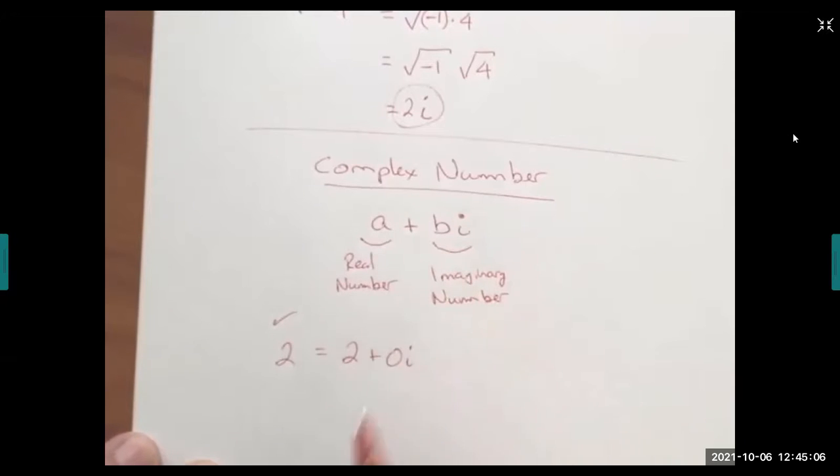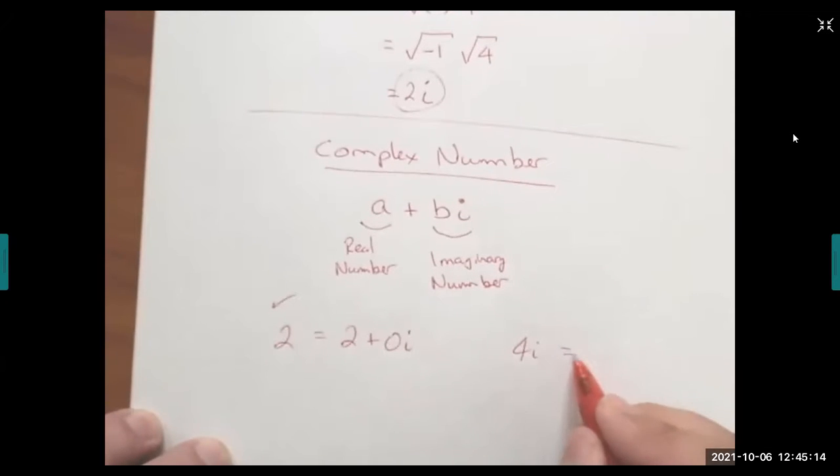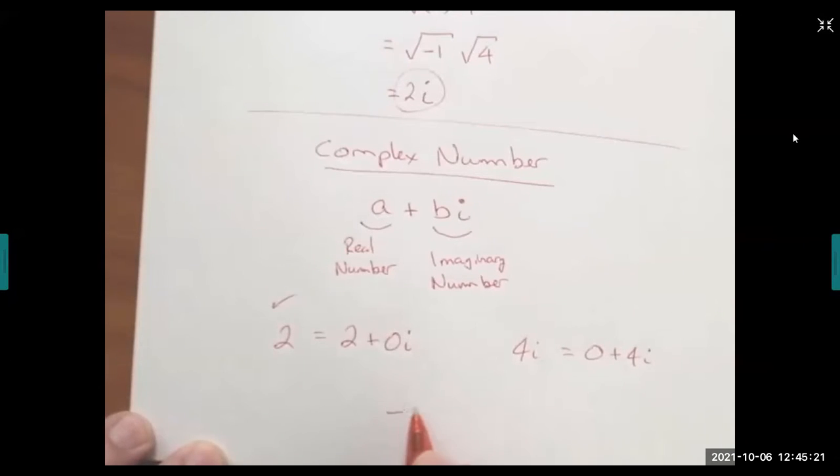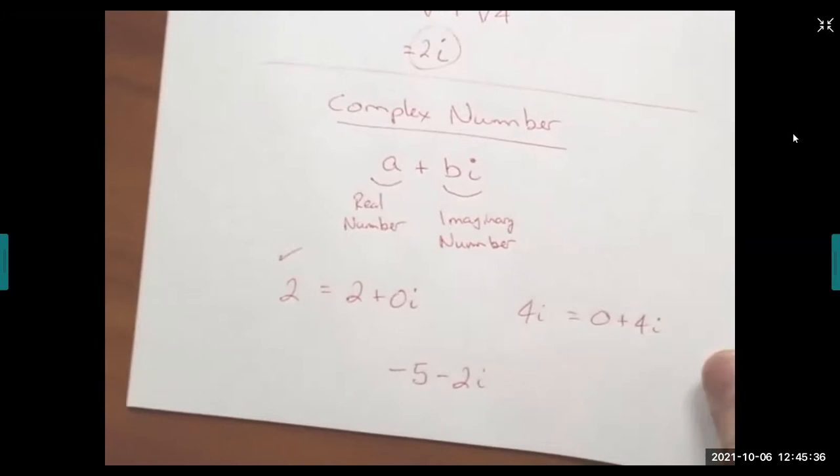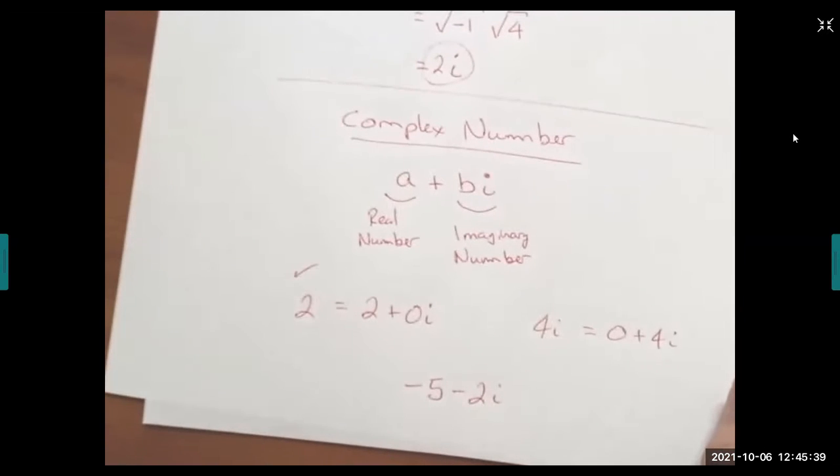It's just that the b value is 0. 4i is 0 plus 4i. The a term is 0. Or we can have anything else where a and b are integers. Integers are anything from negative to positive infinity. So far, so good? So that's what complex numbers are. Whenever you hear the word complex numbers, it's practically everything under the sun.